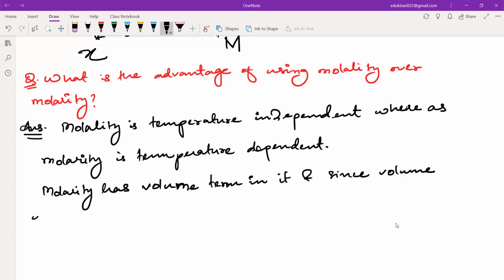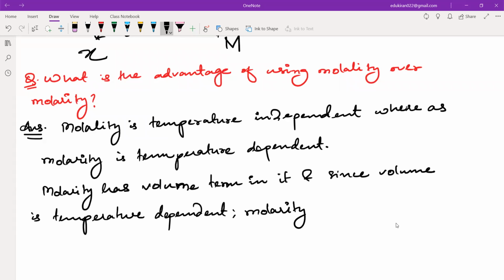Since volume is temperature dependent, molarity is also temperature dependent.